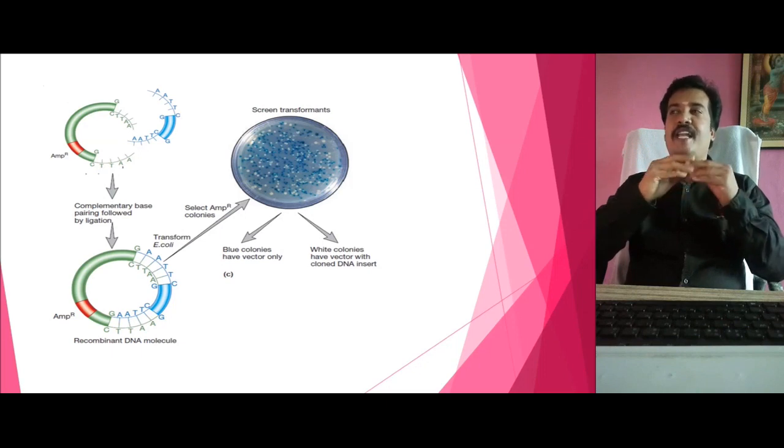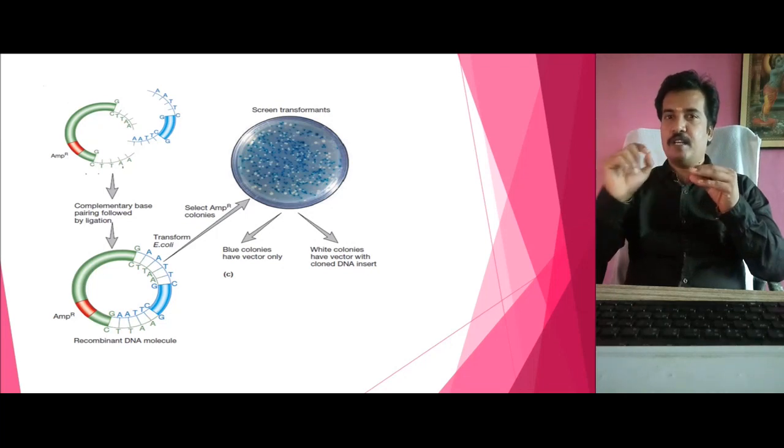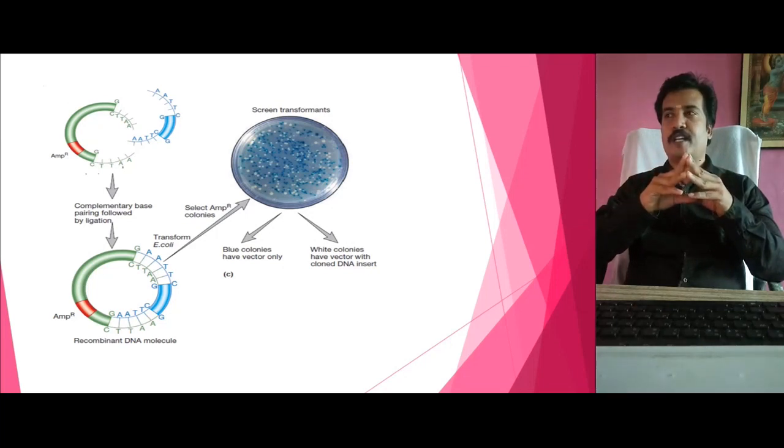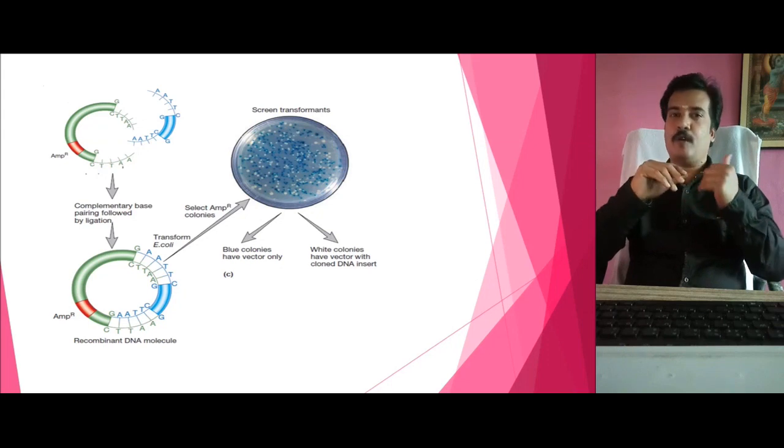So how I can identify it is I will grow this one after insertion into E. coli, the host organism. The E. coli gets cultivated on a petri dish carrying the minimal media. The minimal media carries ampicillin, the antibiotic, and X-gal. So once I grow it, I can identify two types of colonies. One will be a blue colony and another will be a white colony.